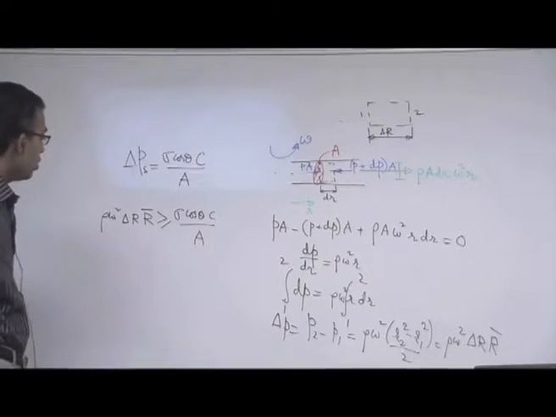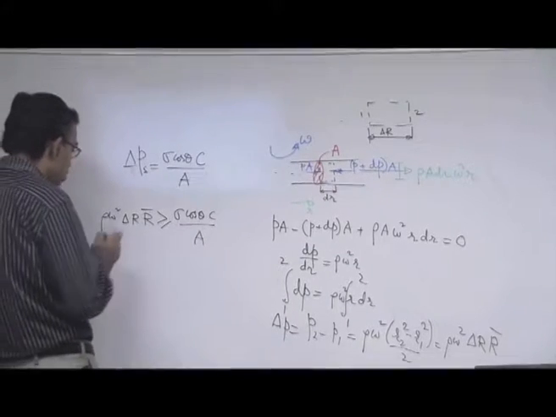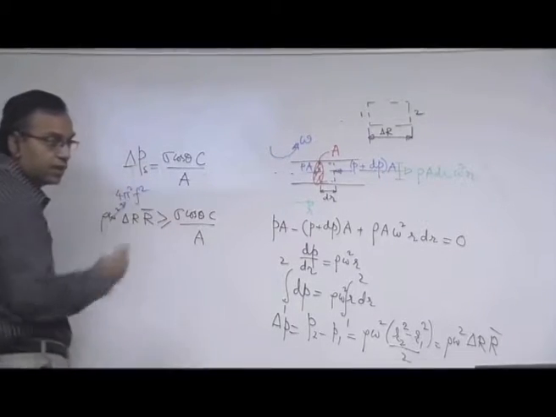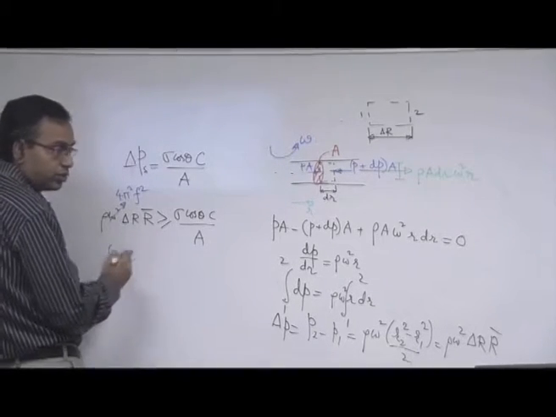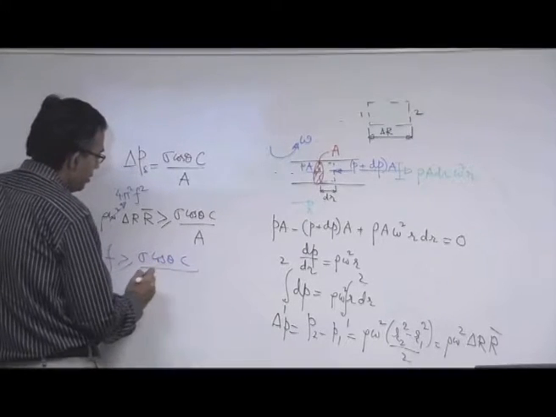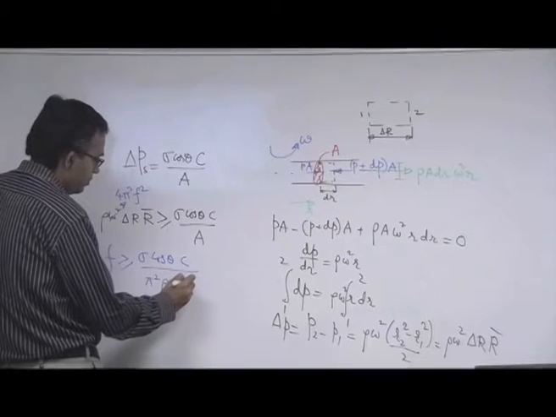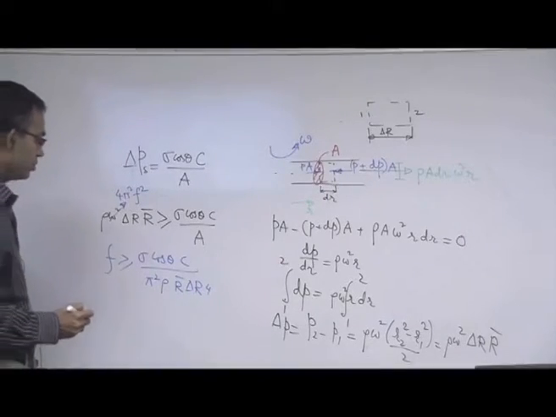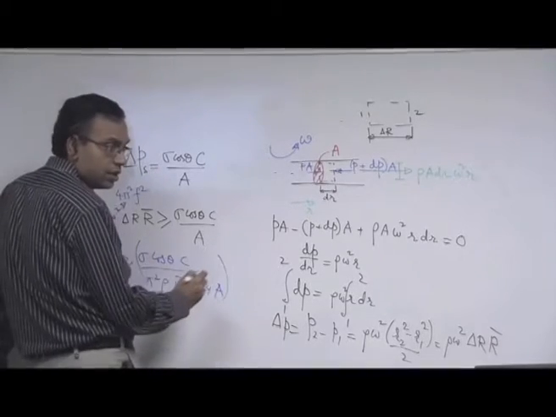Right. Omega is 2 pi f. So omega square is 4 pi square f square. So f is greater than or equal to [sigma cos theta C by (4 pi square rho r bar delta r A)] to the power half.